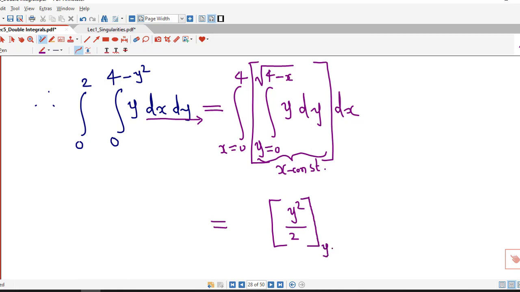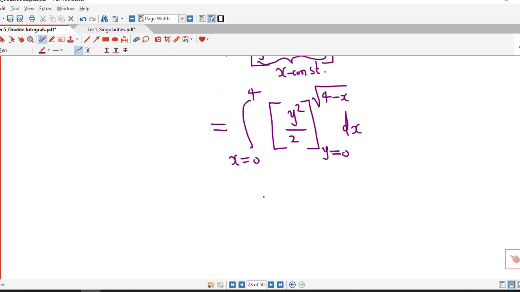The limits of y are from 0 to square root of 4 minus x, and then we integrate with respect to x from x equal to 0 to x equal to 4. So if we put y equal to square root of 4 minus x, it is 4 minus x divided by 2, and minus y equal to 0. So we have 4 minus x divided by 2 dx. For the lower limit this becomes 0.